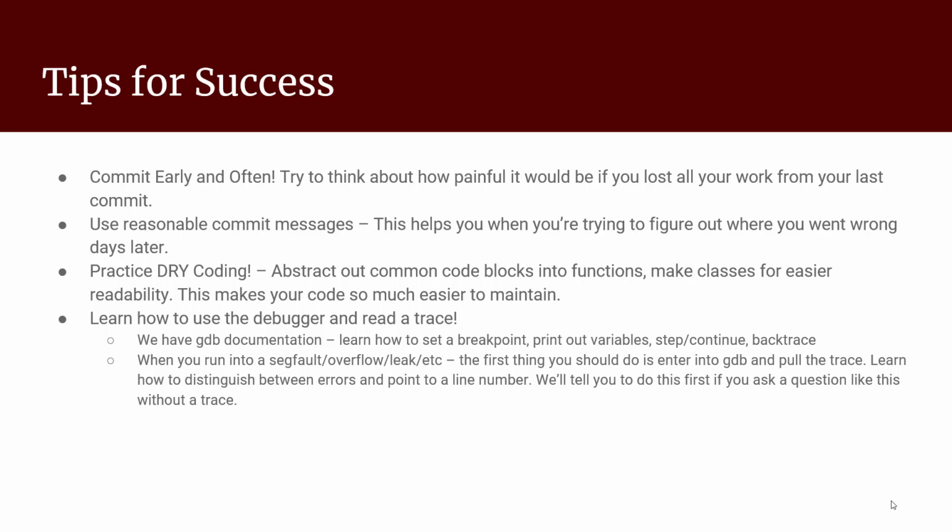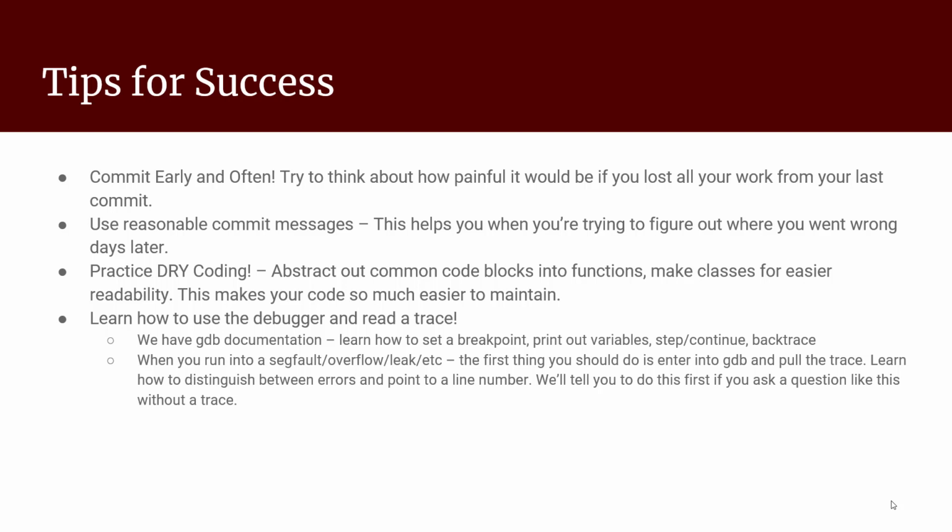Also, when you run into a seg fault, an overflow, a leak, anything of that nature, these all look very similar. The first thing that you should do is enter GDB, or LLDB if you're running on a Mac, and pull a trace. Once you have a trace, you will get exactly what the issue is, as well as the line that issue happened from.